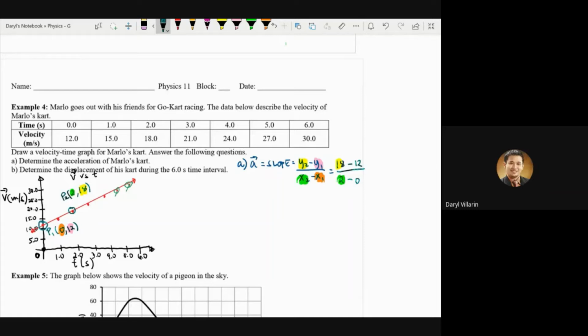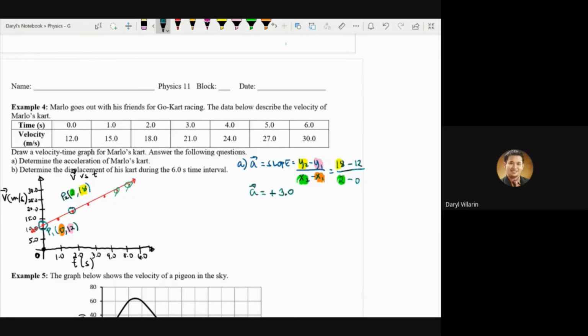So that should give me an answer of positive 3 meters per second, right? So 3.0, the least number of significant digits, or significant figures, here is 2.